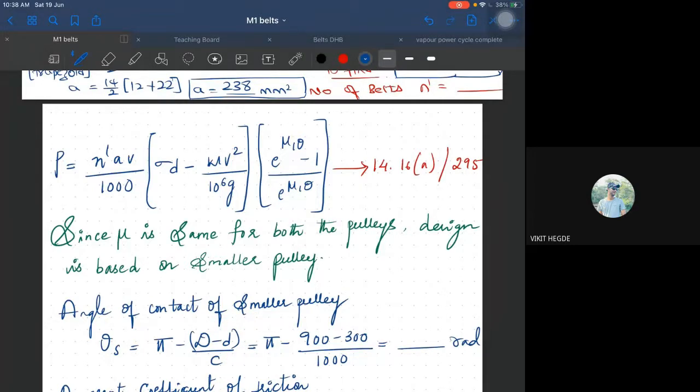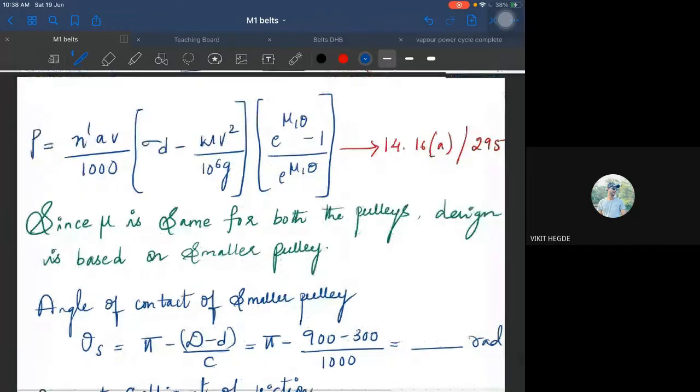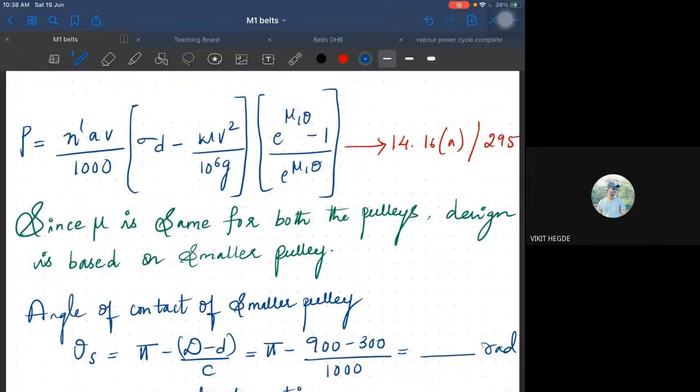How much is the value? Okay, 2.54 radians.